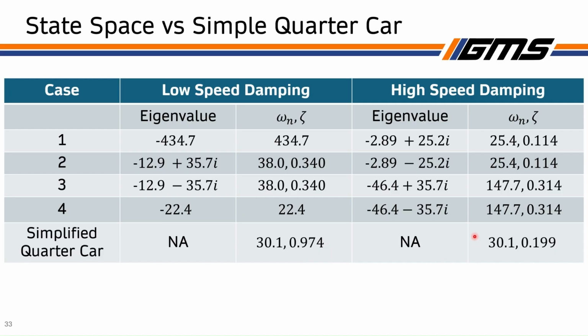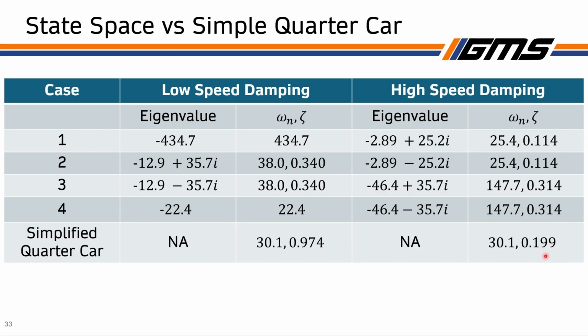Now, over here, we have our high-speed damping, and we have, again, 30.1 and 0.199. And you can see that we actually have 2 different frequencies that are going to be happening at the same time. We have 25.4 and 147.7. Again, we have 2 for each because we have a plus and a minus. These are going to have damping ratios of 0.114 and 0.314.